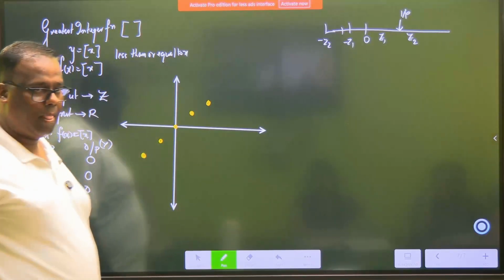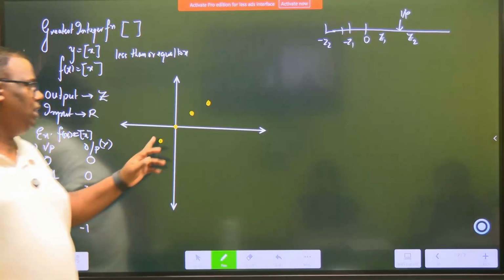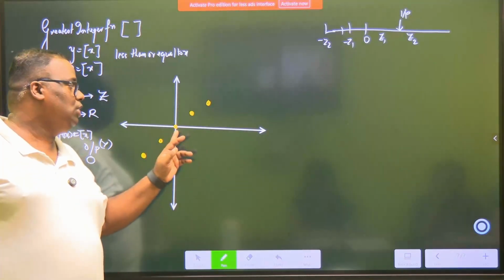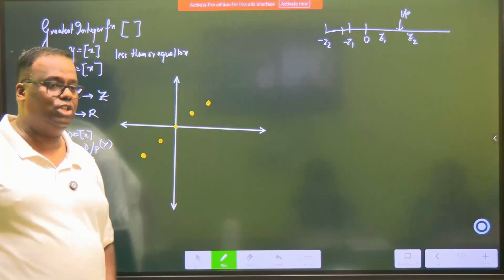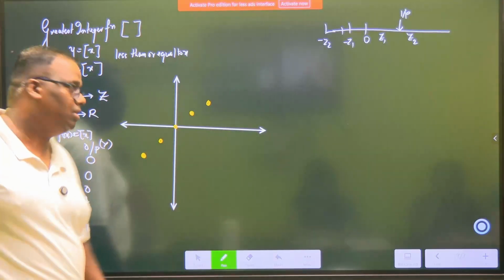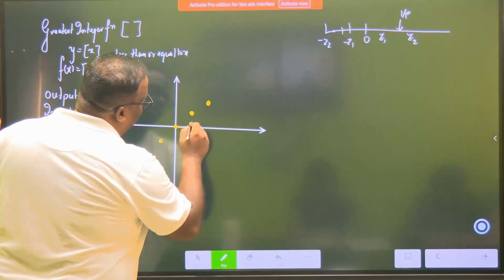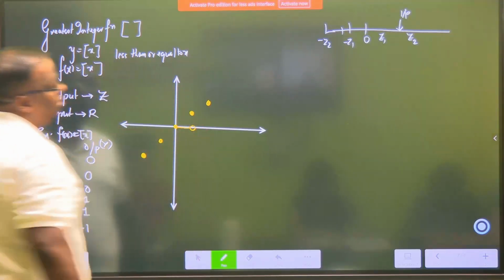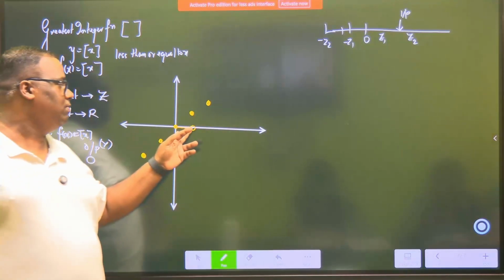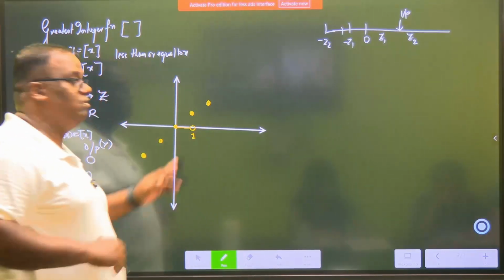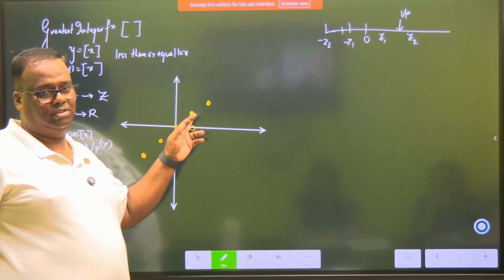Is this clear? If I input anything from 0 to 1 but not 1, I should get 0. But here I cannot use this value 1, because at 1 it will take 1.